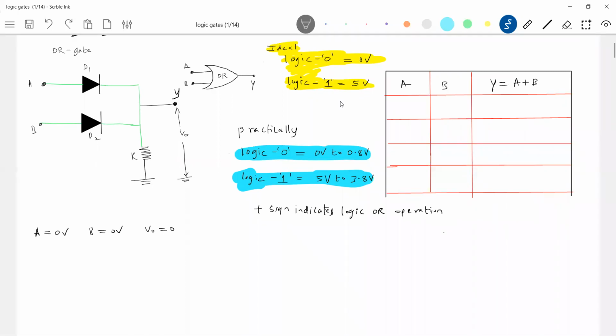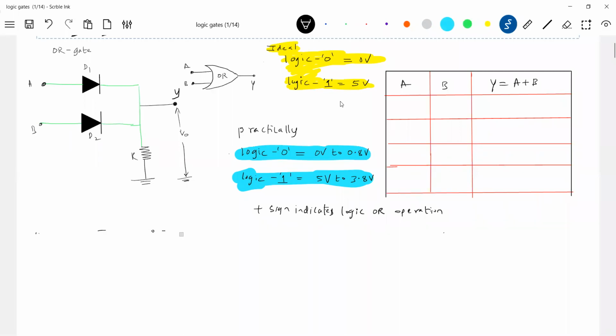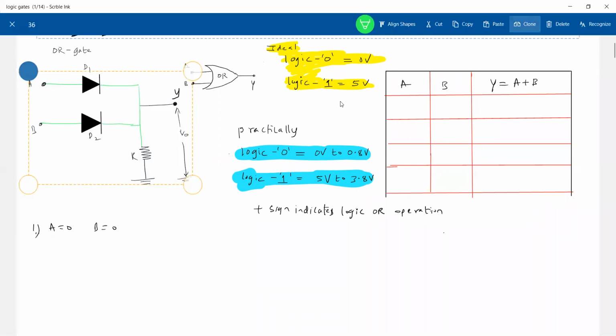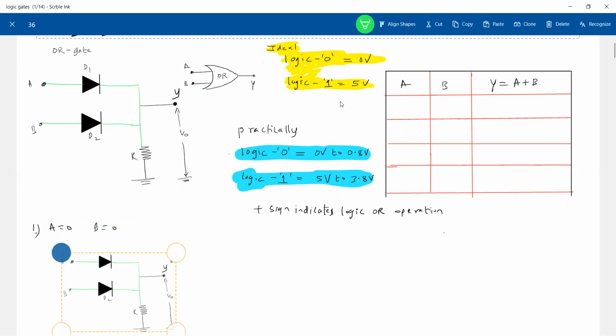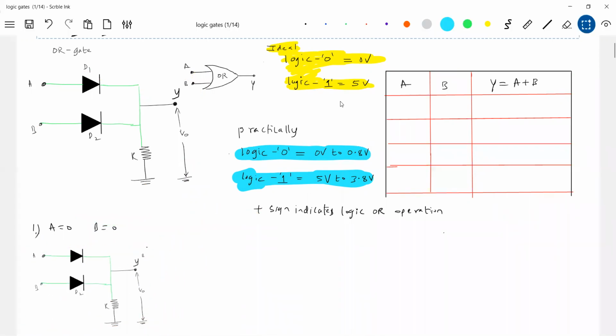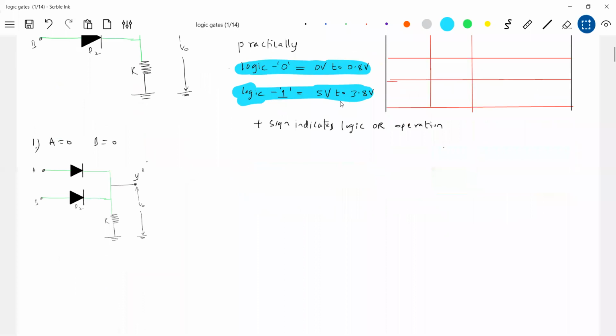So what will happen to the output voltage V naught? Should be 0. So for the first case, A equal to 0, B equal to 0. What do you mean by that? Logic 0 it is. So I should make 0 volt and 0 volt. So for that the circuit will be, the first circuit, I'll just show it. So what we are going to do is, I'm going to earth them.